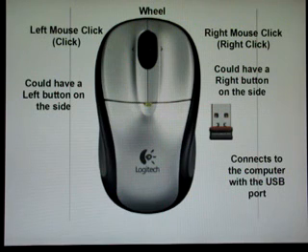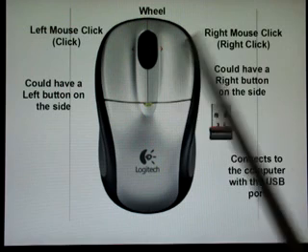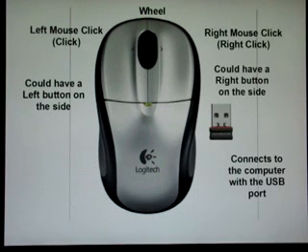Now, also take notice that there is a wheel in the center right here that will make you able to scroll up and down on a page. For example, if you're in a document where you're creating a letter, you can use that wheel to scroll up and down on the page to gain access.